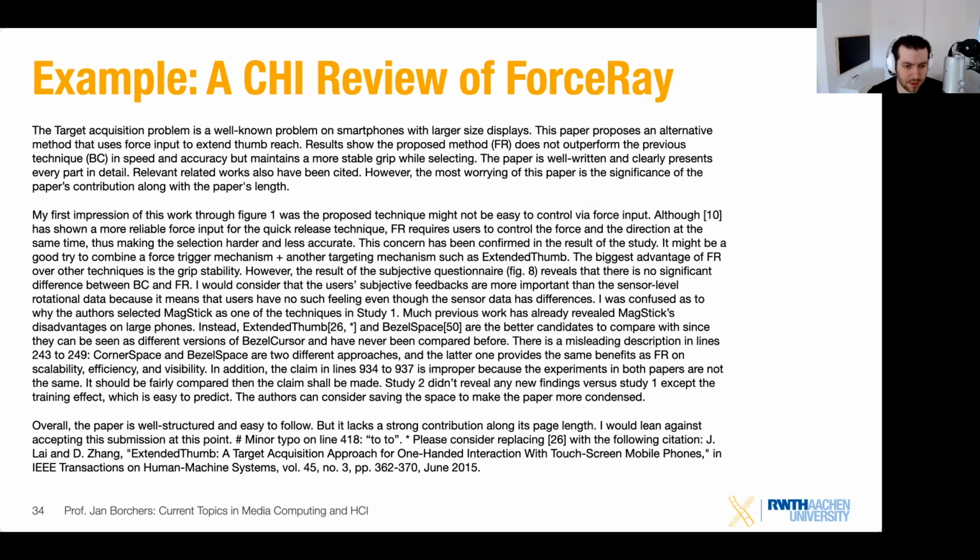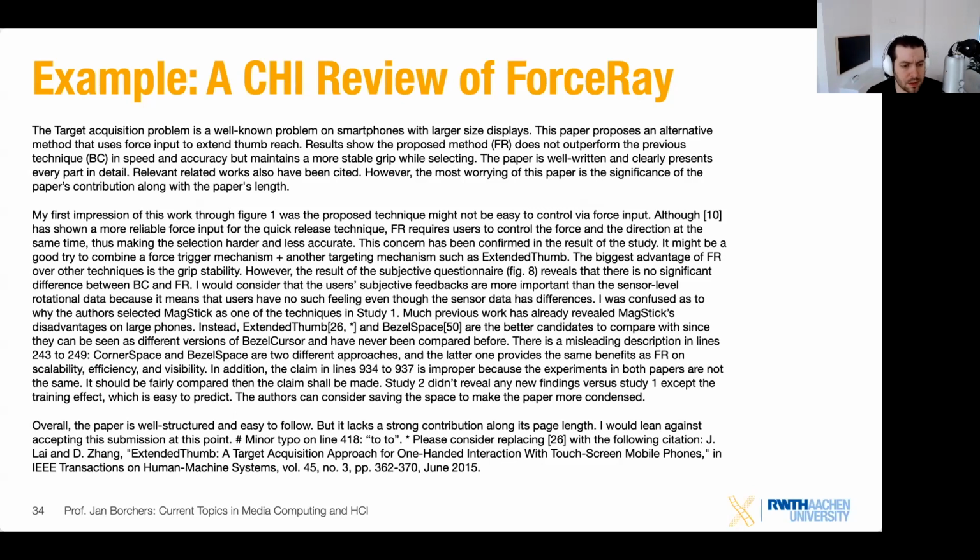In addition, the claim in lines 934 to 937 is improper because the experiments in both papers are not the same. It should be fairly compared, then the claim shall be made. Study 2 didn't reveal any new findings for this study 1, except the training effect, which is easy to predict. The authors can consider saving space to make the paper more condensed.